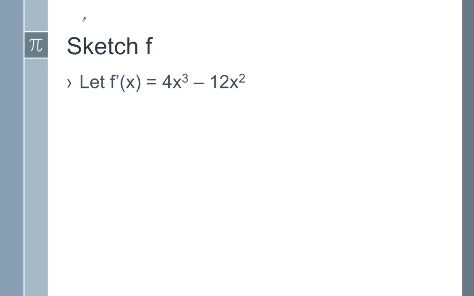So if this is the function f, I can do a little bit of stuff here. F double prime is 12x squared minus 12x, or sorry, 24x. F prime of x can be rewritten as 4x squared times (x minus 3). So that means f prime of 0 is equal to 0, and f prime of 3 is equal to 0.